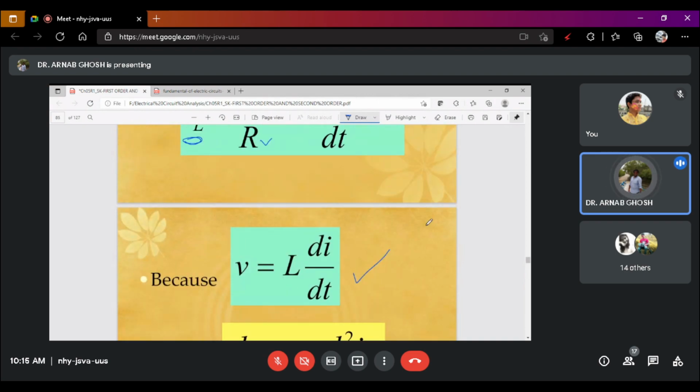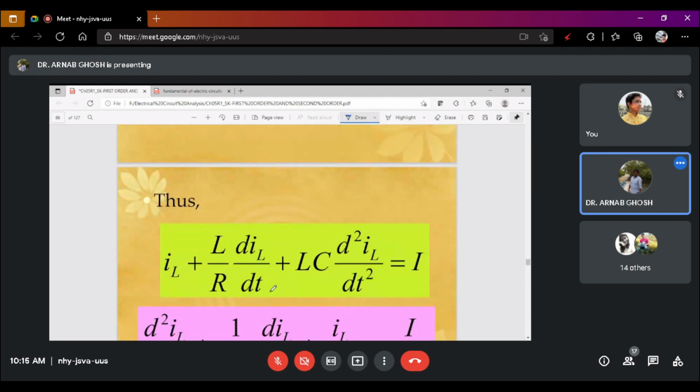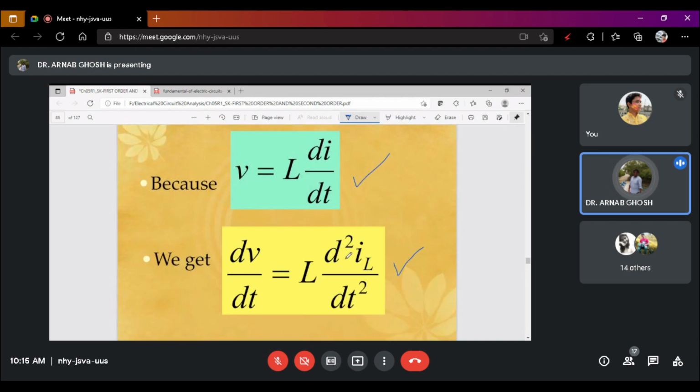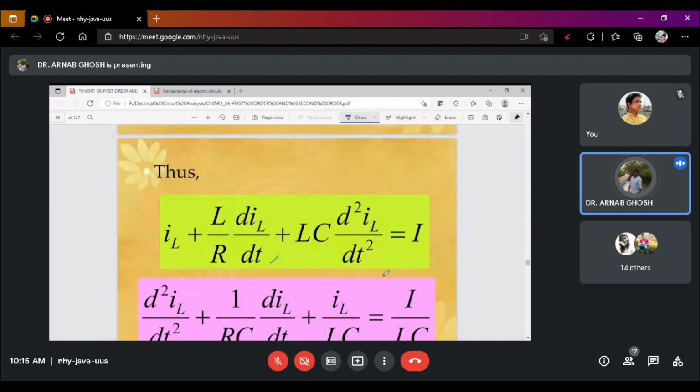So this expression becomes L by R dIL by dt. And your dV by dt was L d square IL by dt square. So this becomes LC d square IL by dt square. If you closely look at this, your expression was IL plus V by R plus C dV by dt.